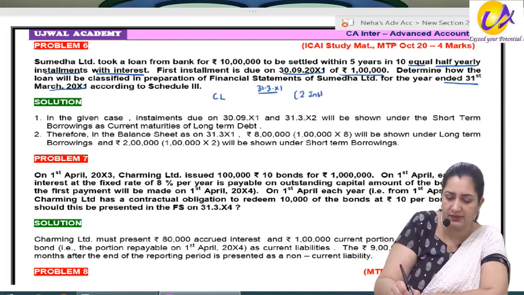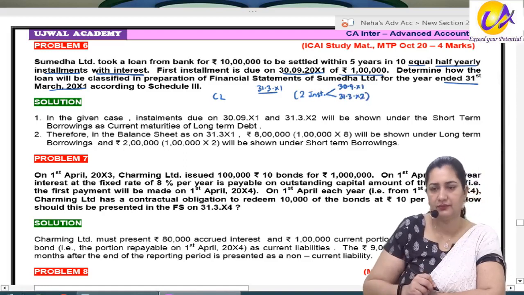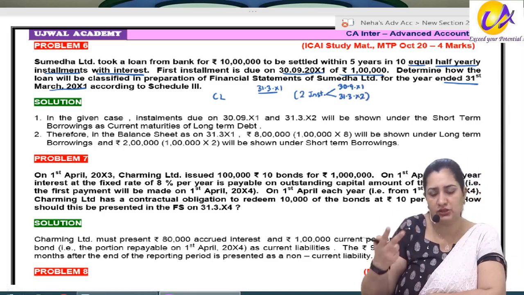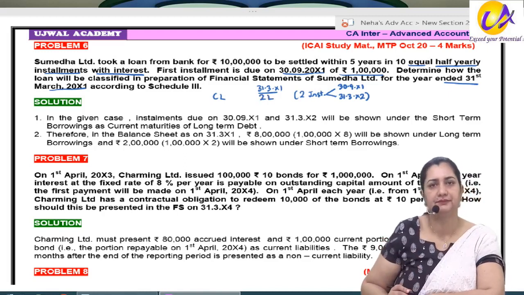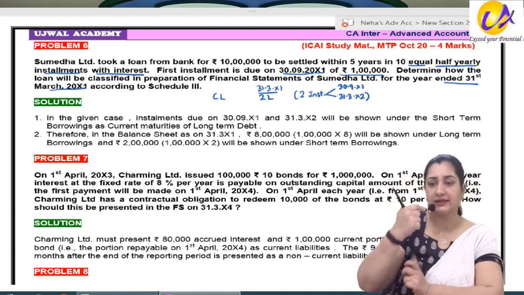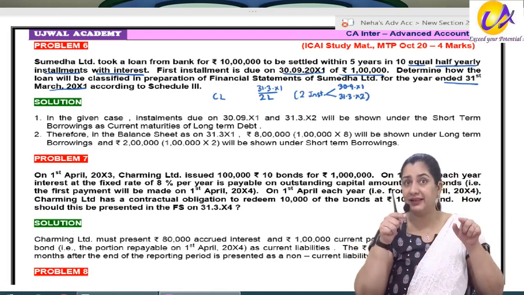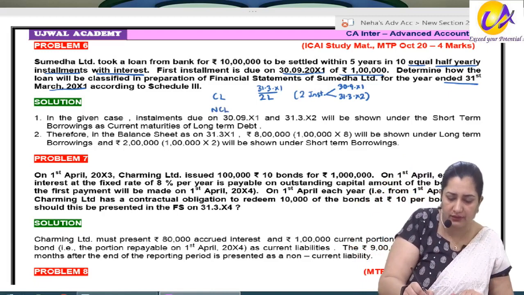Which 2 installments? 30th September X1 and 31st March X2. These 2 installments I will be showing as my current liability. So first I decided it is a liability. Second, I decided it is a current liability and the balance amount will be non-current.